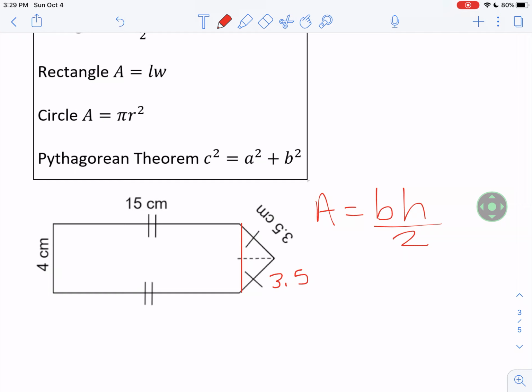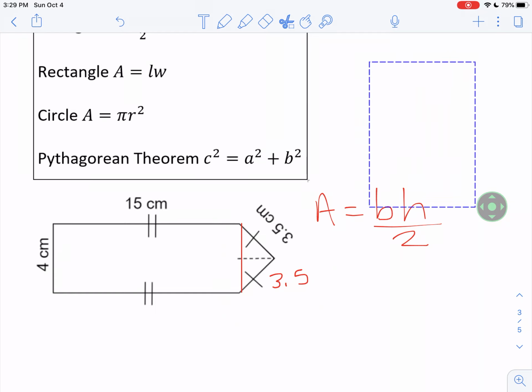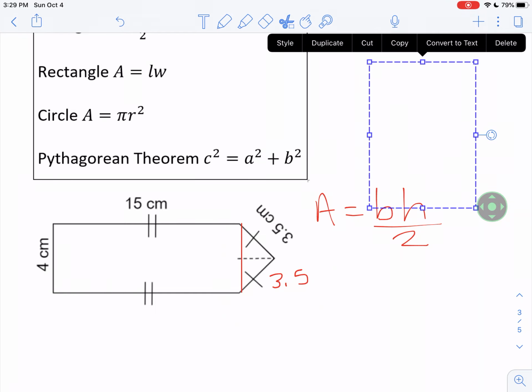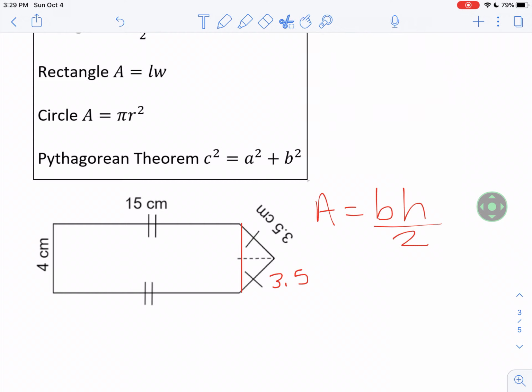So if I redraw this triangle here, let's make it nice and big. Okay, so I'm going to redraw the triangle. The height is actually the vertical height here.